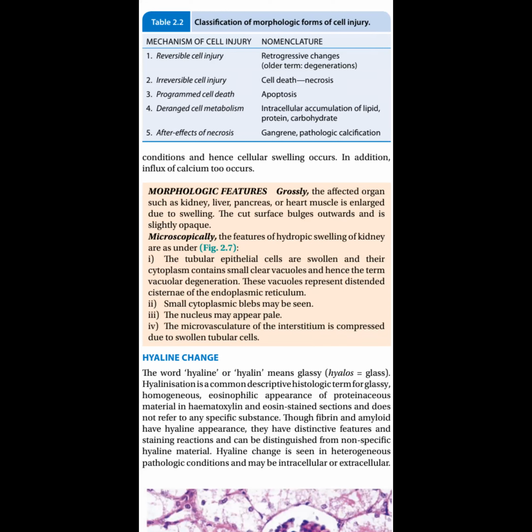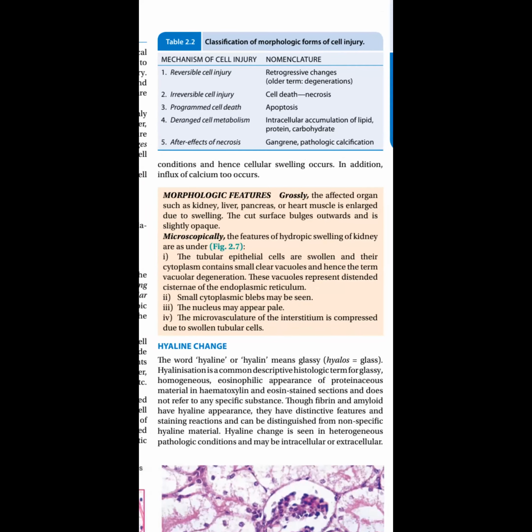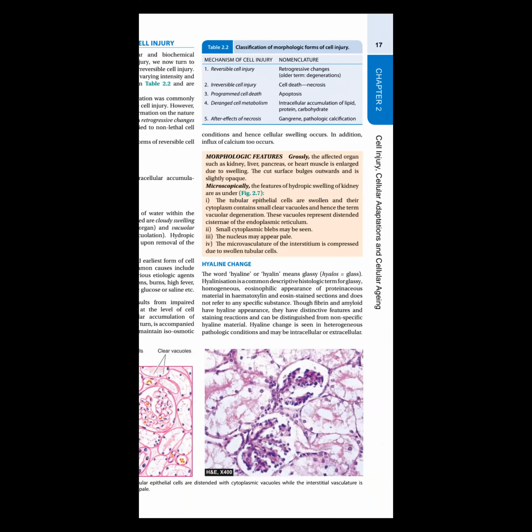Okay, so these five are clear to you: reversible, irreversible, programmed, deranged, and after effects of the necrosis. So if I ask you to give the classification. Yes, clear. I'm just telling you, while I'm explaining, how you can expect the question to be.